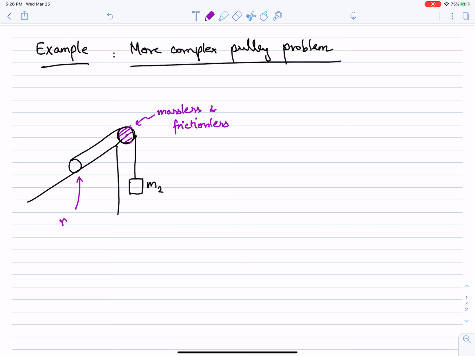Okay, rolls without slip, and this disk itself has mass M, radius R.